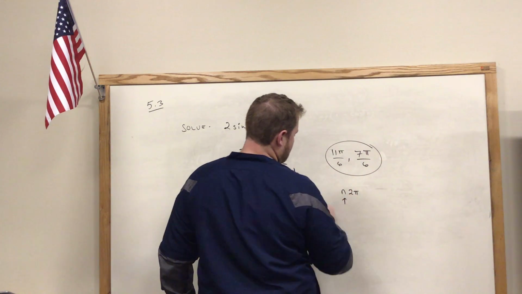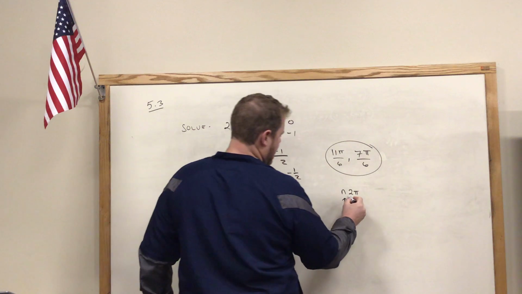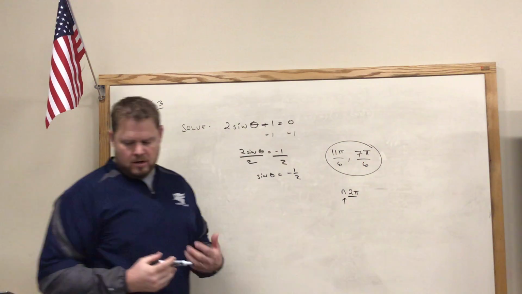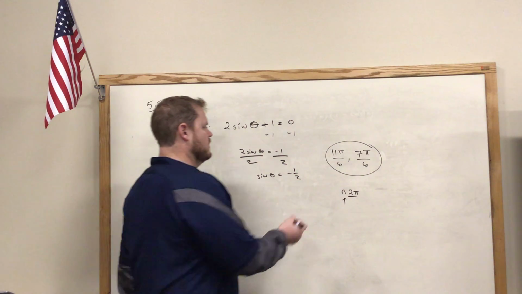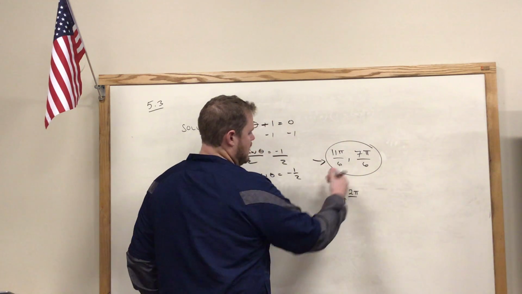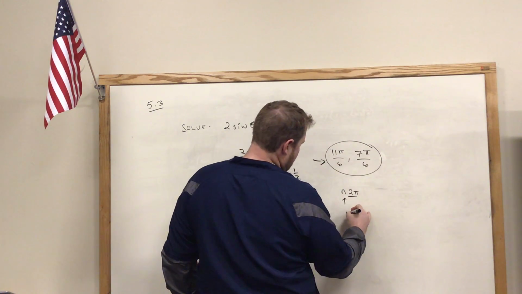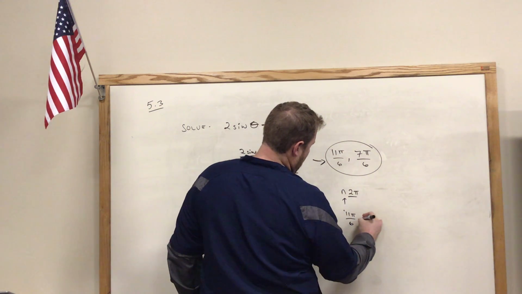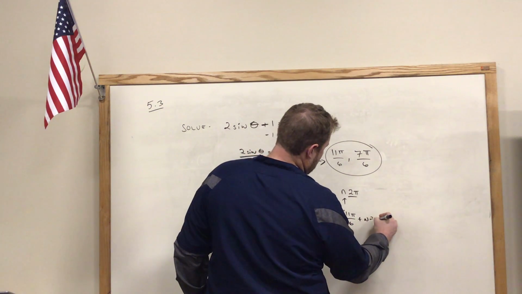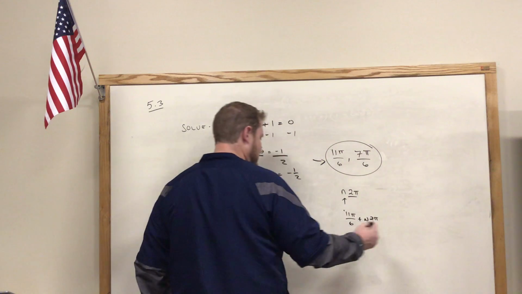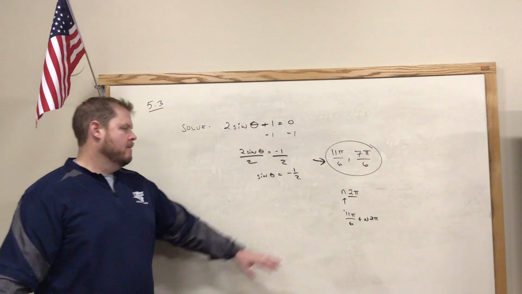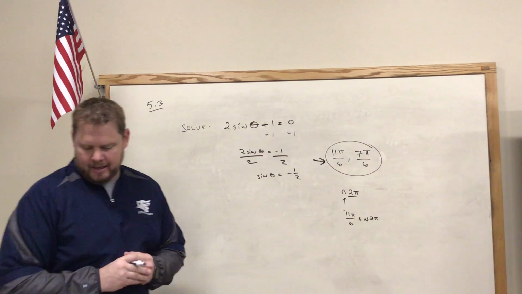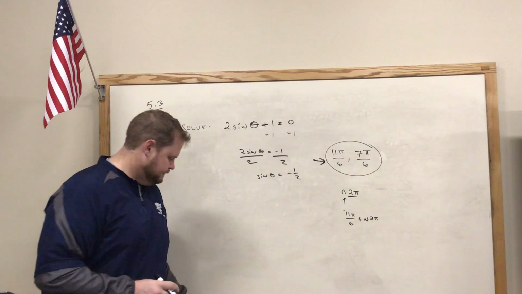Remember, this is the number of times it goes around a circle times a full circle, correct? So there are multiple answers. These are the first 2 on the initial card, but it can be any one that is 11 pi over 6 plus n2 pi. These are the 2 main answers you're going to get from looking at your book, but it can be any one like that. All right, good. Let's try another one.